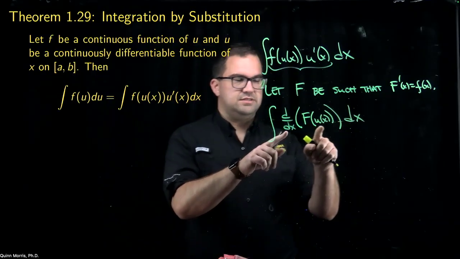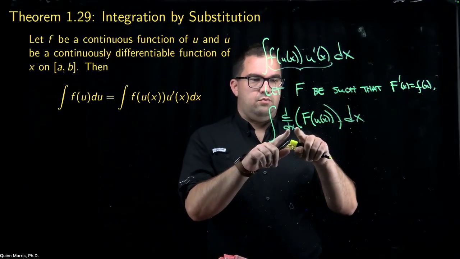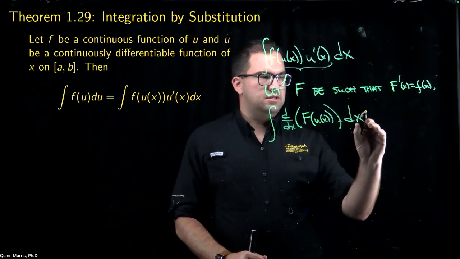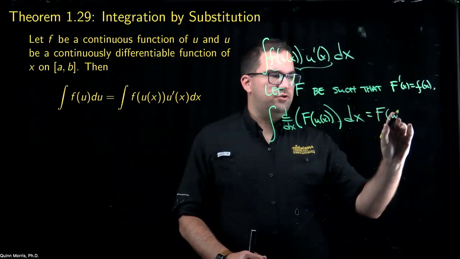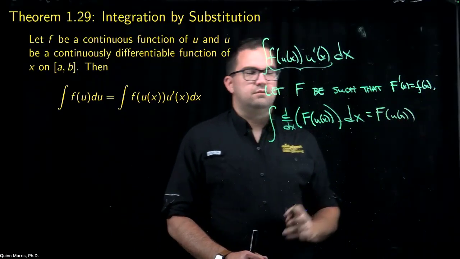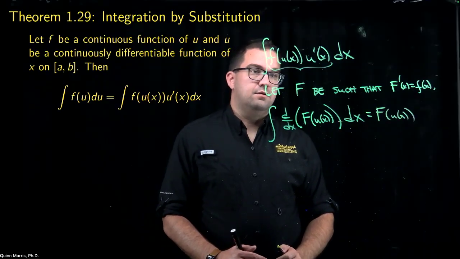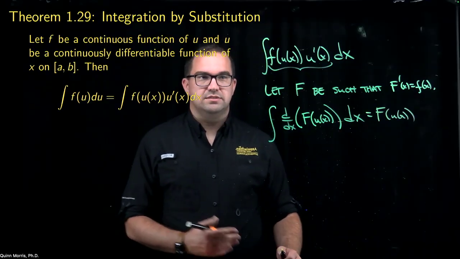So this notation is saying, I want to take the derivative of this and then take the antiderivative of this. So this just comes out as capital F of u of x. Or that's one possible antiderivative. There are many antiderivatives. They all differ by a constant.